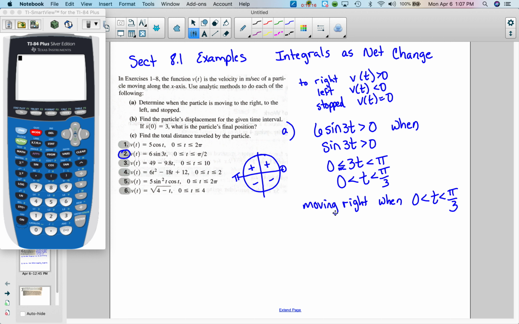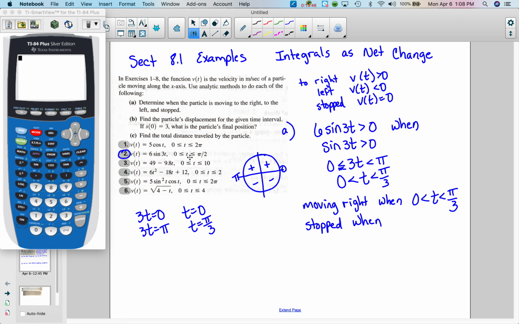And now for when it's stopped, we want to know when this is 0. Remember that sine is 0 at 0 and at pi. So when 3t equals 0 and when 3t equals pi, so at t equals 0 and t equals pi over 3.